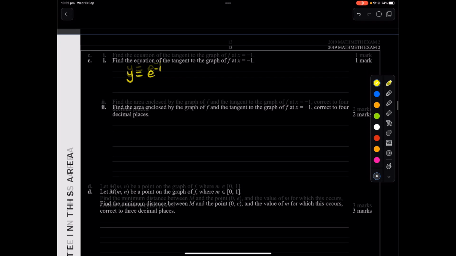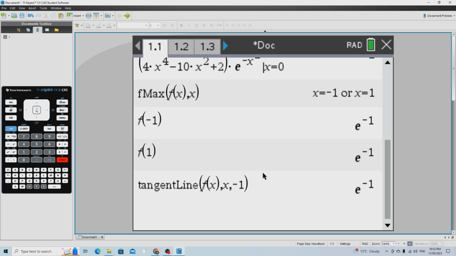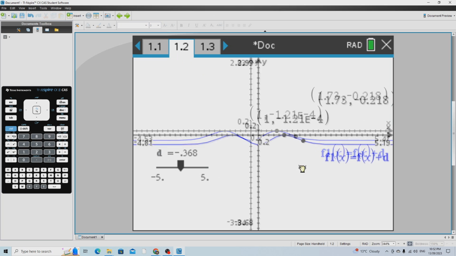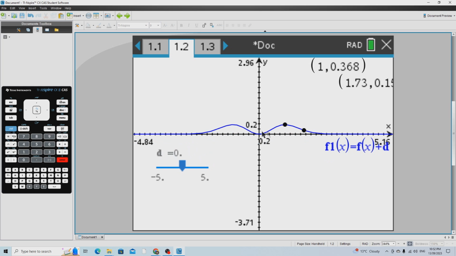Find the area enclosed by the graph of f and the tangent to the graph of f at x equals -1, correct to 4 decimal places. So we want to find the area enclosed by the graph of f and the tangent at x equals -1. If we come back to this graph over here, let's say d is 0, so let's take d out.